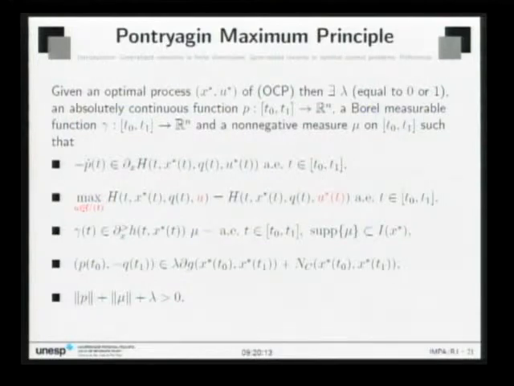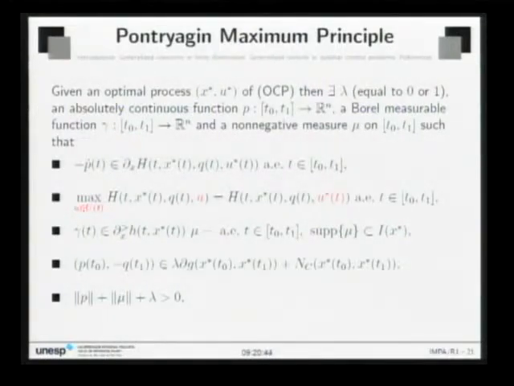The first inclusion here is the adjoint equation. This is the maximization of the Hamiltonian, and here we have this inclusion of this function in this set. We call this the positive subdifferential of h with respect to the state. I'm going to define this in the next slide.